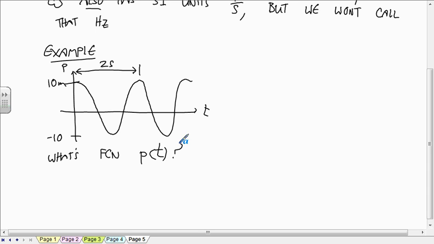We need to know two values in order to represent that position function. We know it's going to be of the form A cosine of omega t. So we need to come up with the A, and we need to come up with the omega. A is the easier one to get. What's A looking at this graph? 10. But we're going to have to fiddle a little bit to come up with the omega value. How are we going to do that?